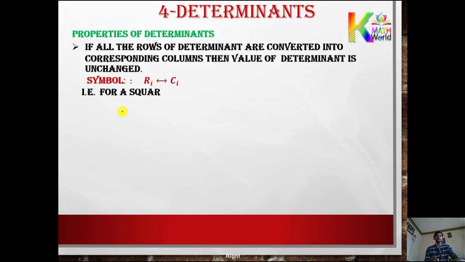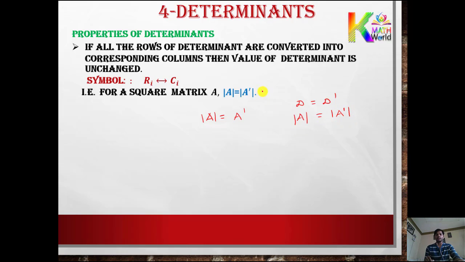See the next thing. For a square matrix A, when you convert each and every row to each and every column, then in that illustration you got D equals to D dash, where D is the value of the determinant for square matrix A, and D dash is the value of the determinant for square matrix A dash.